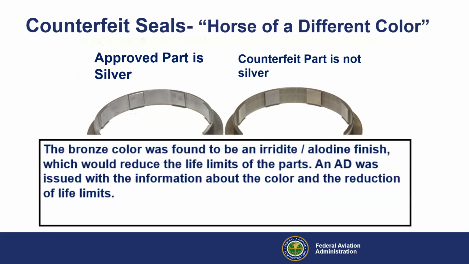That bronze color was found to be an iridite finish, which would reduce the life limits of the parts. An AD had to be issued with the information about the color and the reduction of life limits.